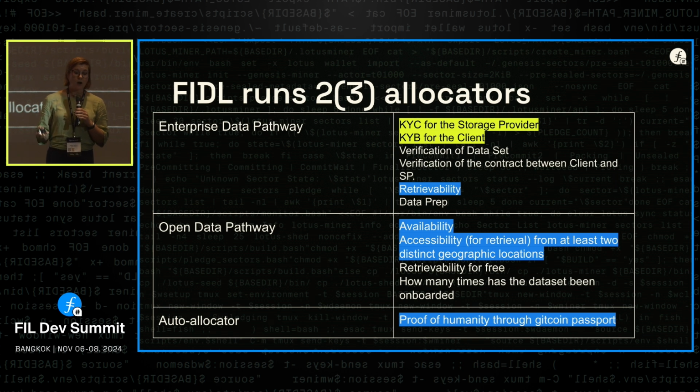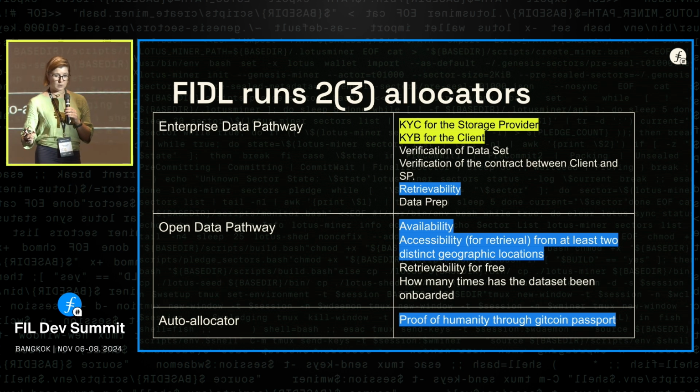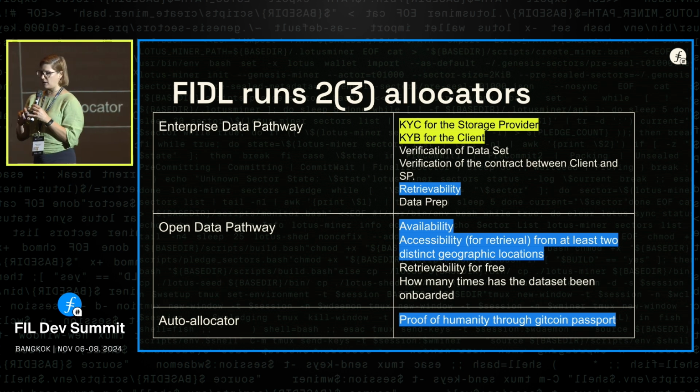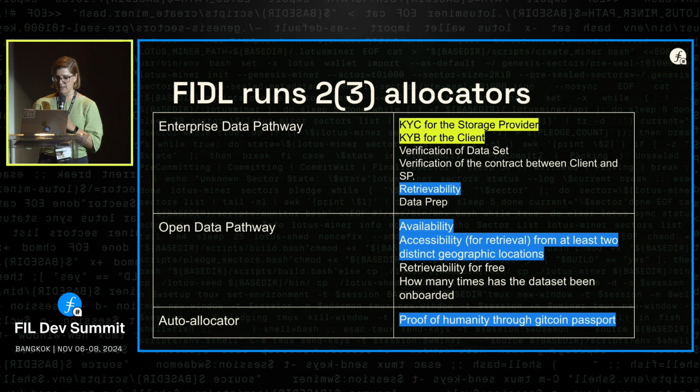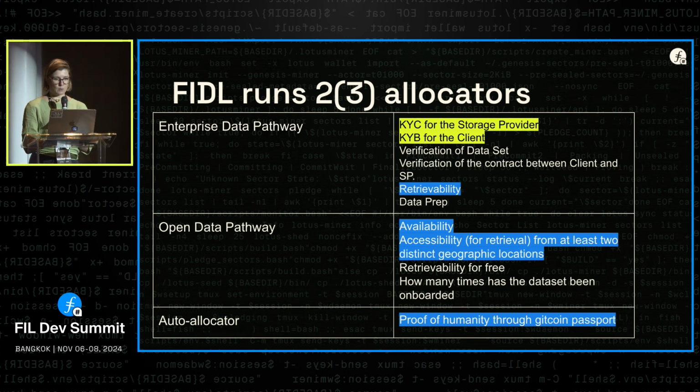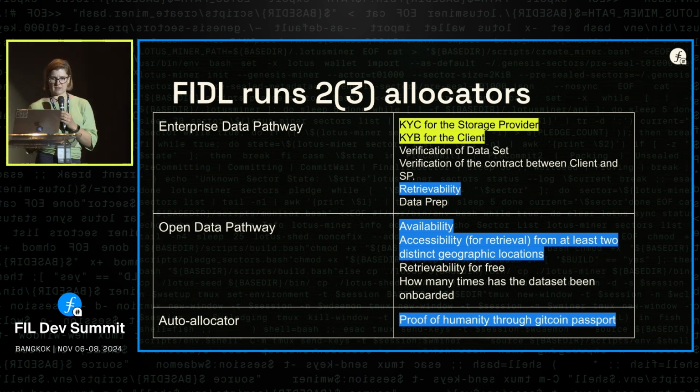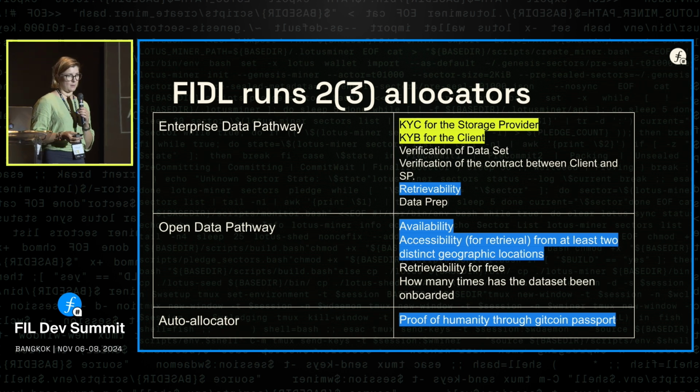On the open data pathway, we have much more leverage and many more things that we can automatically check with tooling. When we talk about availability, this basically means that we want to make sure the dataset is available: it must be available for Spark checking and through manual retrieval attempts by other pathway operators.